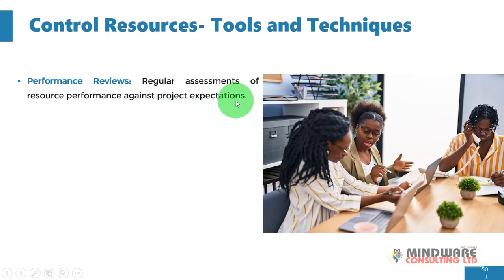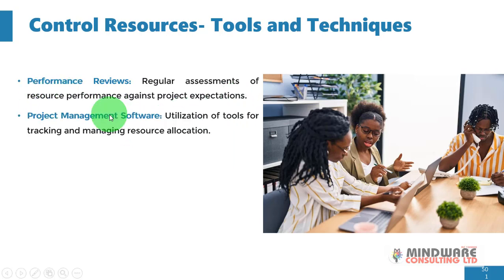This expectation is going to be the standard for measuring the performance of your team members during the assessment. So you're going to be benchmarking performance against the expected standards, which is the project expectation, the project requirements, stakeholder requirements and all that. All right, so performance reviews.